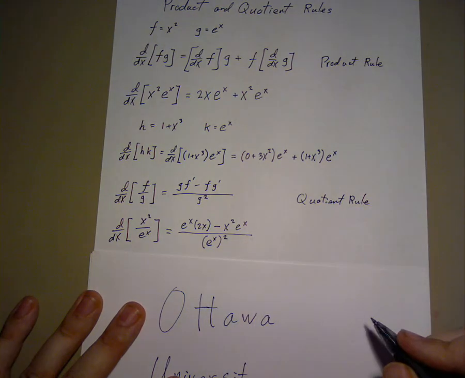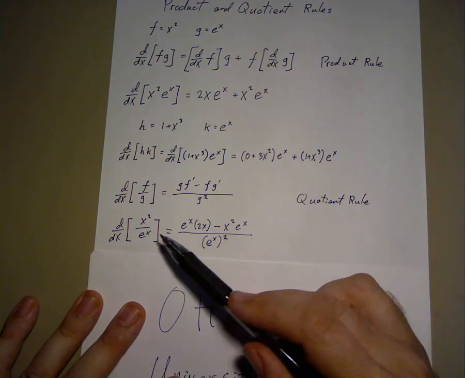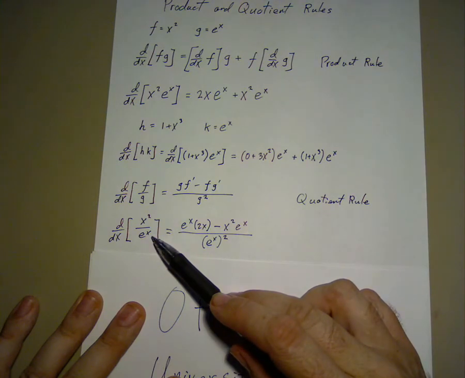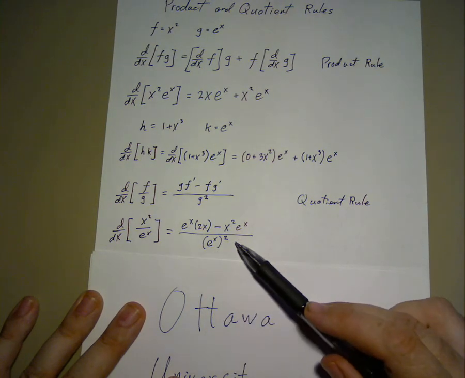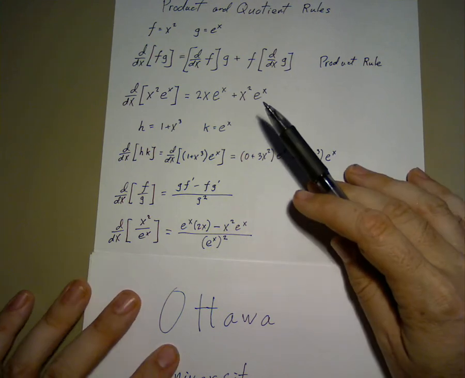This is the derivative of x squared over e to the x. Now we can certainly simplify this, but I'll leave that to the interested student.